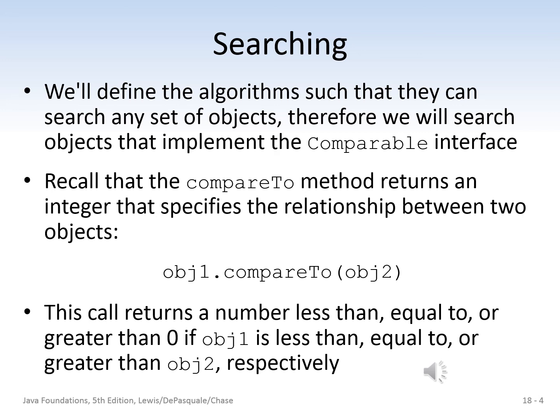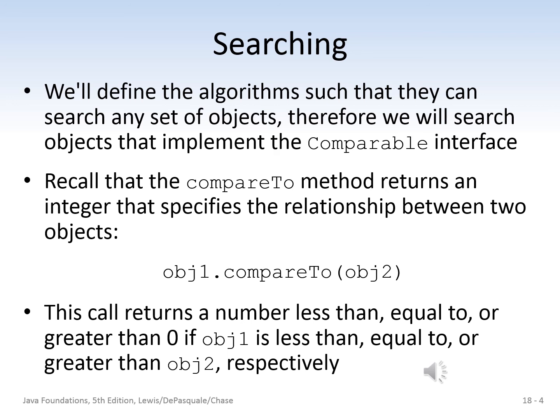We're going to define the search algorithms so that they can search any set of objects. Therefore, we'll search objects that implement the Comparable interface. If you recall, within that interface, we have the compareTo method that returns an integer specifying the relationship between two objects.